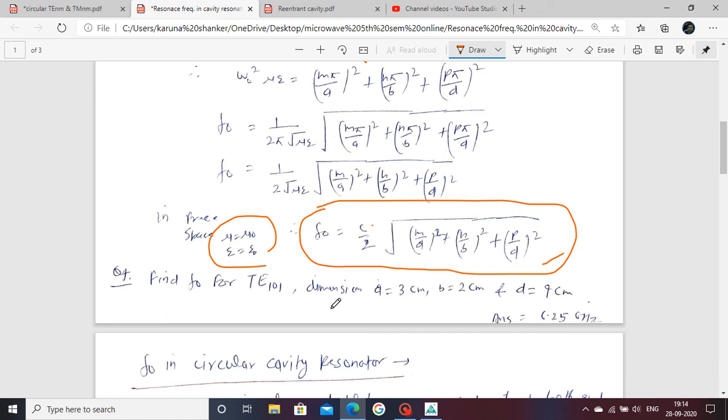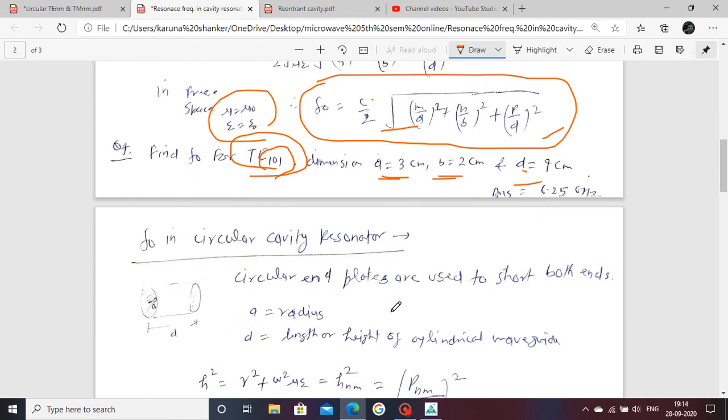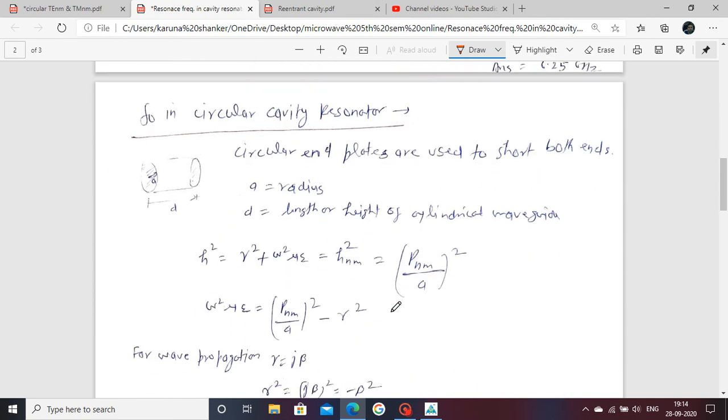Take a simple example: suppose the dimensions a, b and d are given, and we have to find the resonance frequency of TE101. M, n and p are given by this relation, and the values of a, b and d are given. Put them in this equation and solve for the f naught value.